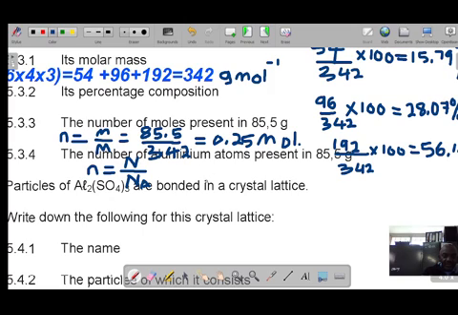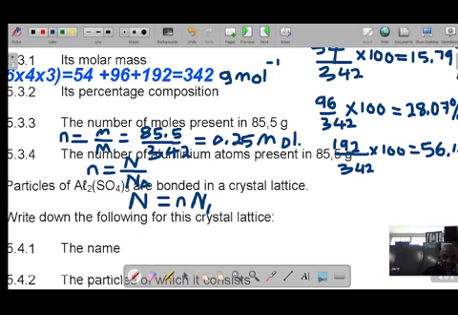So in other words, my N will be the same as the number of moles multiplied by Na, Avogadro's constant.